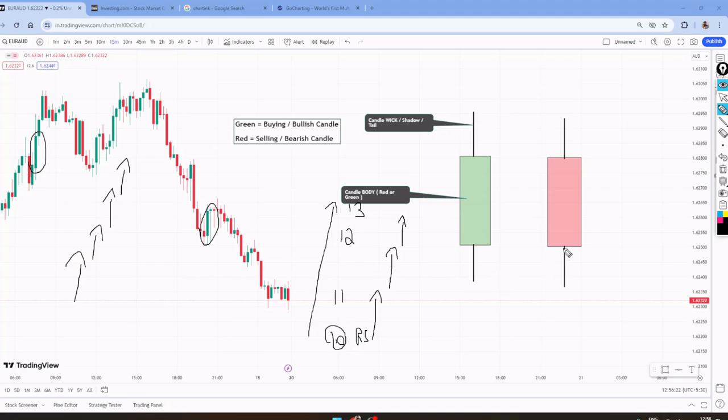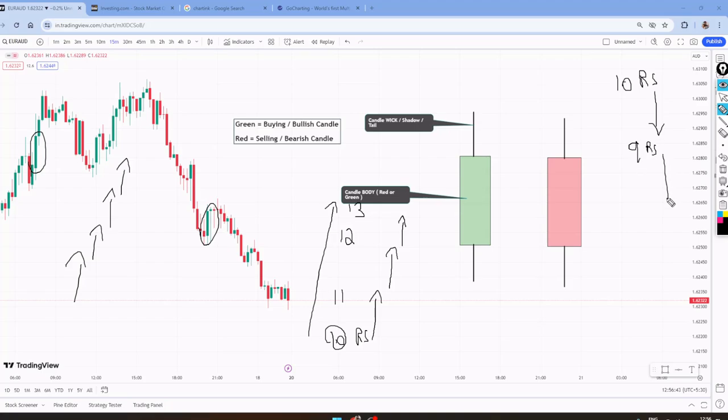In a red candle, people are selling. When people sell, price decreases. Let's say the share price was 10 rupee and people are selling that share. When they sell, what happened? Price decreases. Let's say it's decreased to 9 rupee.